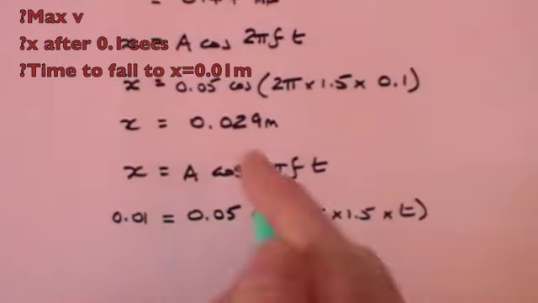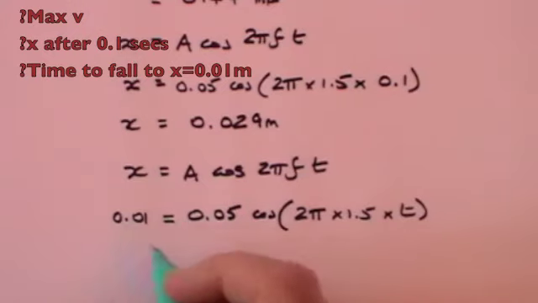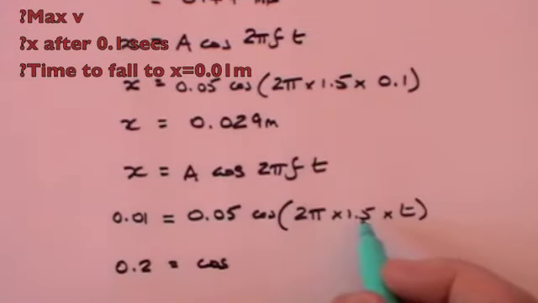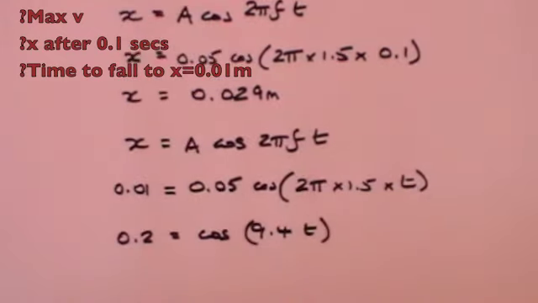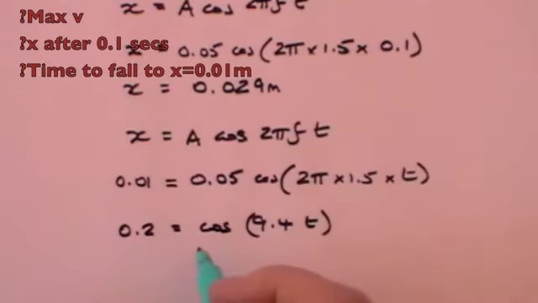If you bring 0.05 to this side, that's 0.2 is equal to the cosine of 2 pi times 1.5, which is approximately 9.4, times t. And now you have to do the anti-cosine, as it were. That gets you that 9.4 t is equal to 1.37.